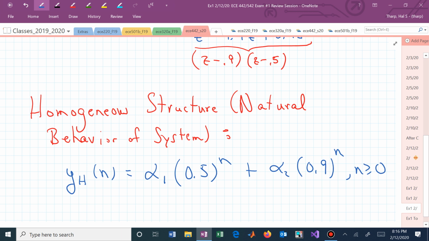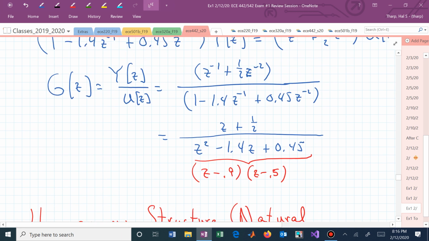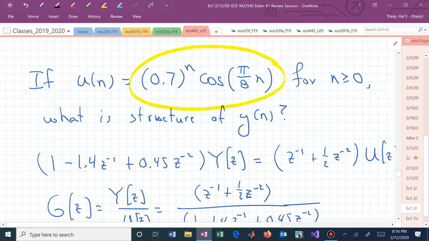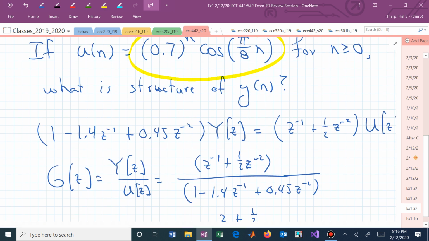The particular solution structure is determined by the excitation, and that's determined by this. And generically, I'm going to have a cosine and a sine because they're going to be shifted relative to the origin.